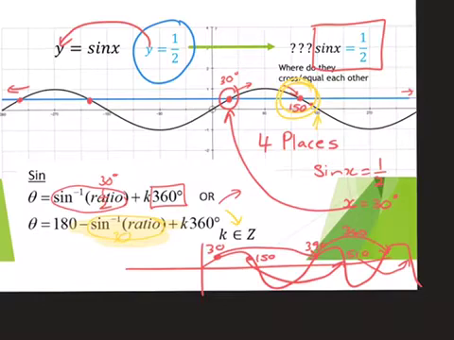You're going to always find an uphill where these two graphs, the sine wave and the blue half line, will cross each other. The downhill, the yellow here, will be 180 minus what your calculator gives you. And then from that point, every 360 degrees, it will find you the next downhill. So you can go to the 1,000,000th or 2,000,000th downhill, you'll be able to work it out.